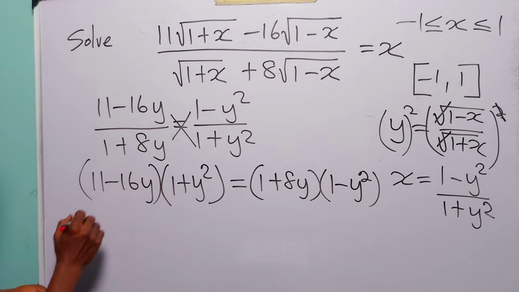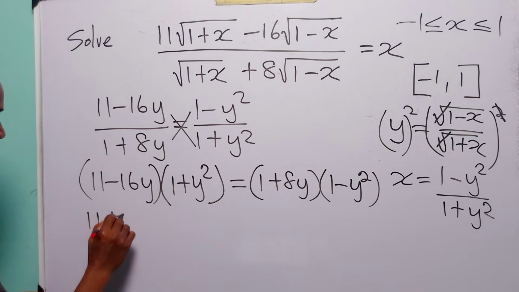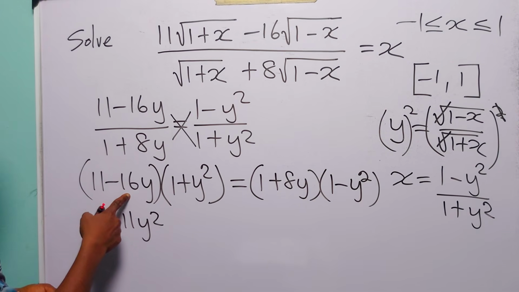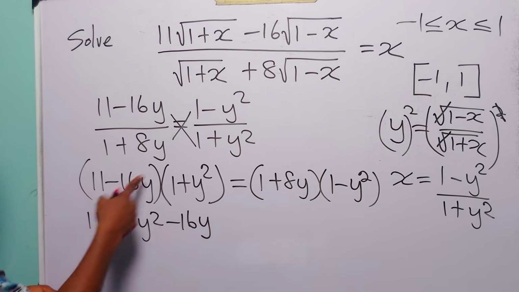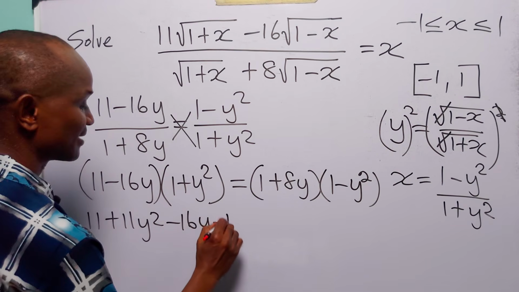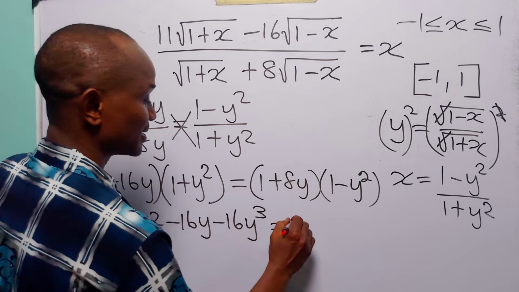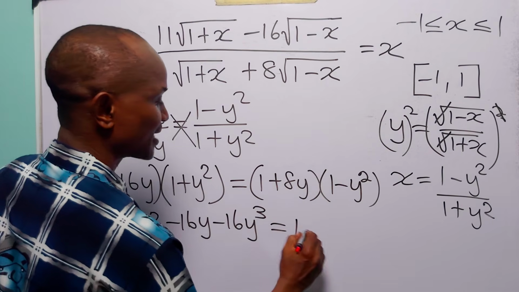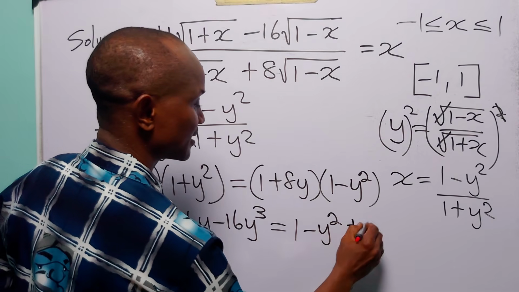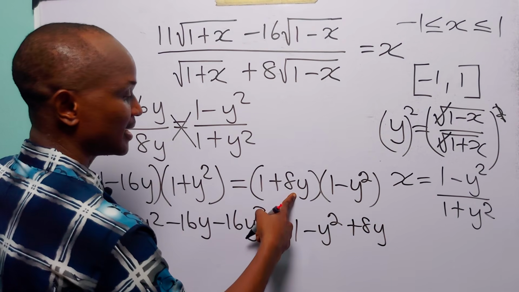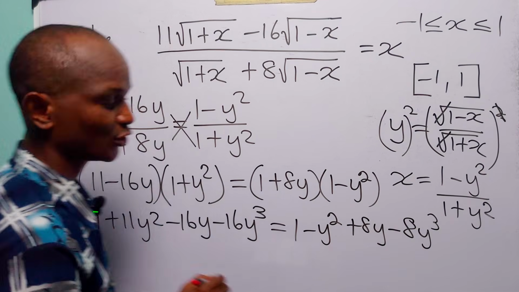Expanding this, we have 11 times 1, that is 11. 11 times y squared, that is plus 11y squared, minus 16y times 1, that is minus 16y, minus 16y times y squared, that is minus 16y cubed, is equal to 1 times 1 is 1. 1 times minus y squared is minus y squared. 8y times 1 is 8y. And 8y times minus y squared is minus 8y cubed.